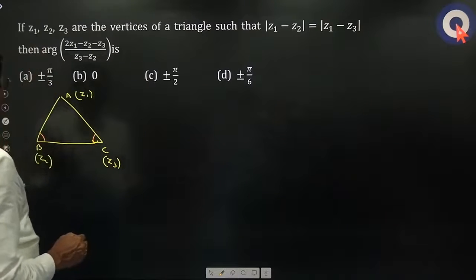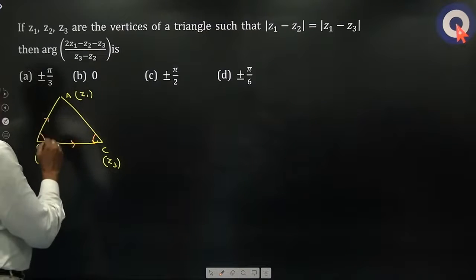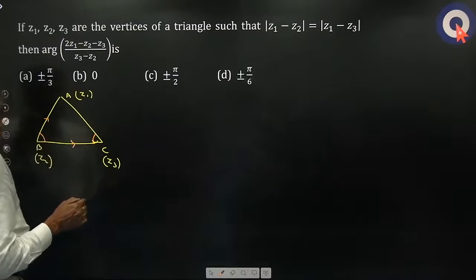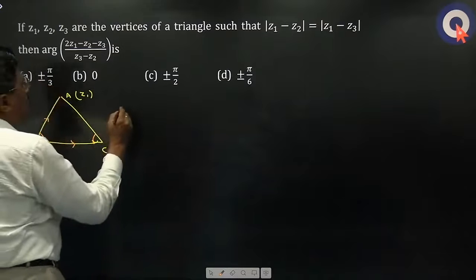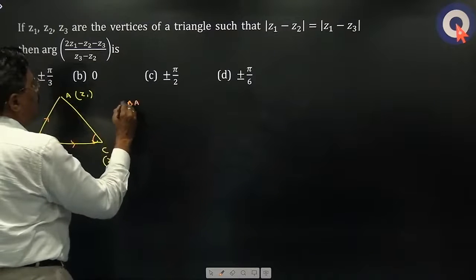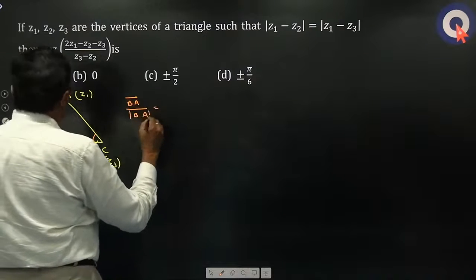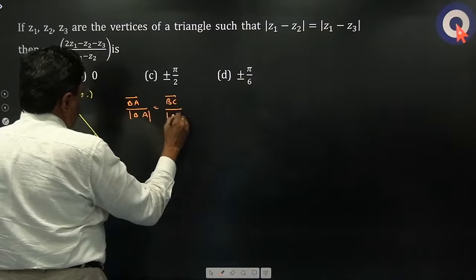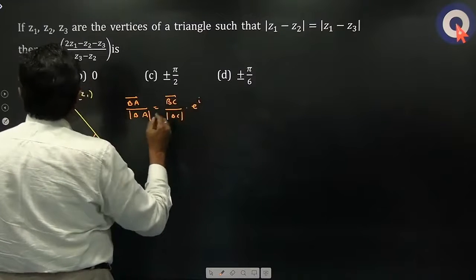All right. So what I will do is consider rotating BC to make it coincide with BA in the anticlockwise sense. So the final vector is BA. The final vector in the unimodular form is equal to the initial vector BC in the unimodular form into e to the power of I theta.